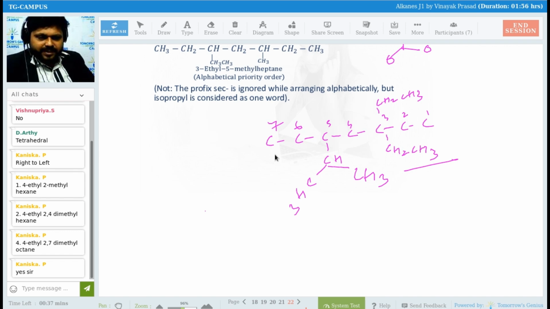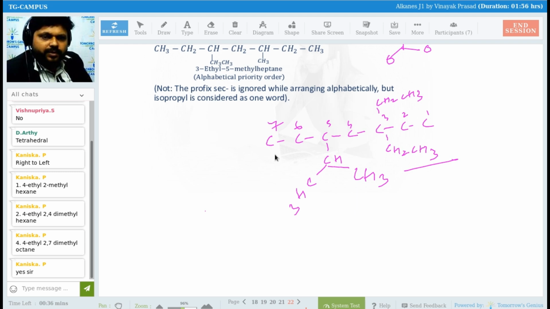So what is the right answer for this question, guys? What do you say? See guys, total number of carbon is what?